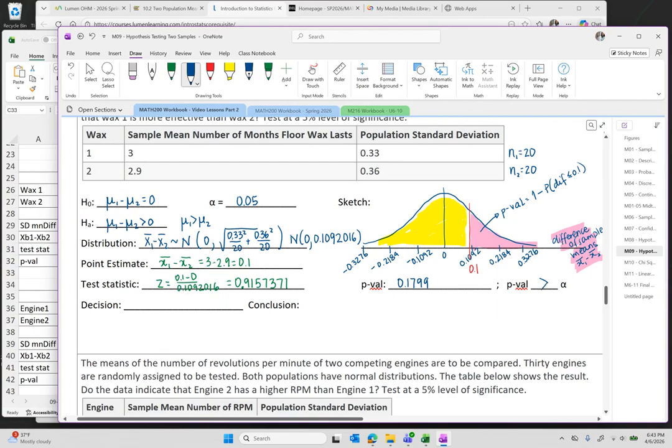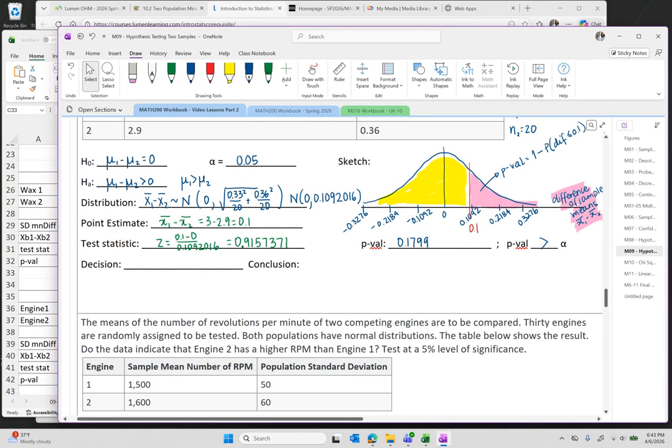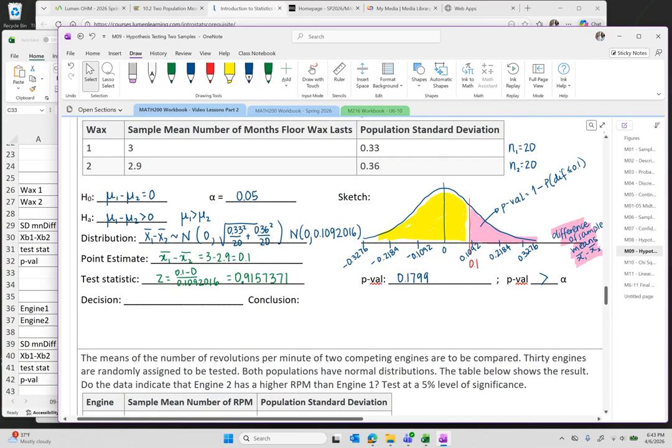Which is much larger than alpha. It is almost 18%, where alpha was 5%. And therefore, the decision is that this difference is not unusual, coming from a theoretical distribution of a difference between the means being equal, which means that there is no difference between the two waxes. So the decision is that we fail to reject the null hypothesis.